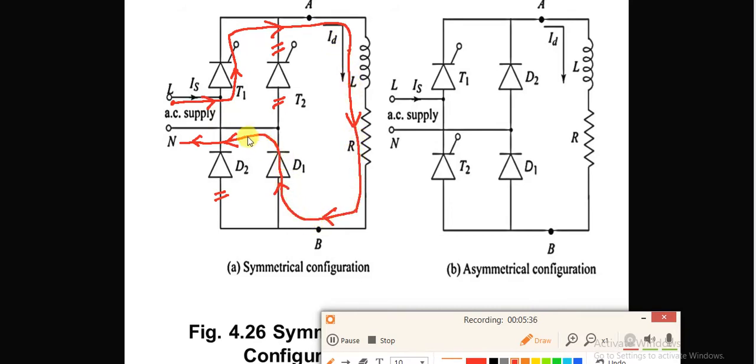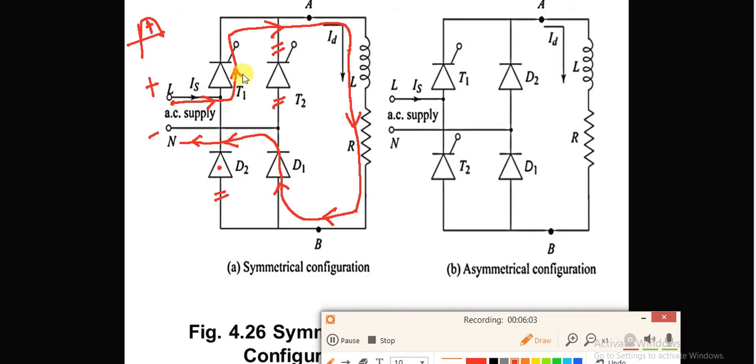Here we can see that SCR T2 is reverse biased as well as diode D2 is reverse biased during the positive half cycle of the AC input. So if this is positive and this is negative, then obviously the diode D2 is reverse biased.